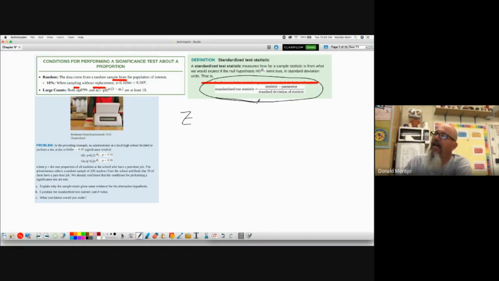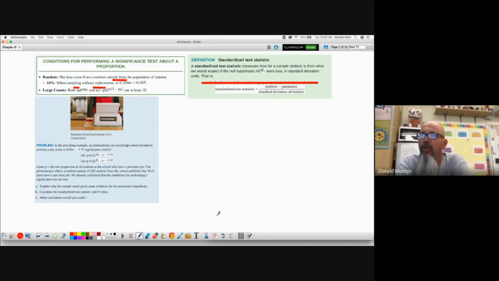The standardized test statistic equals the statistic minus the parameter divided by the standard deviation of the statistic. So we'll look at the specific test statistics. There's a different one depending on whether we're doing categorical or quantitative data. This example that we're going to look at right now is going to look at proportions.